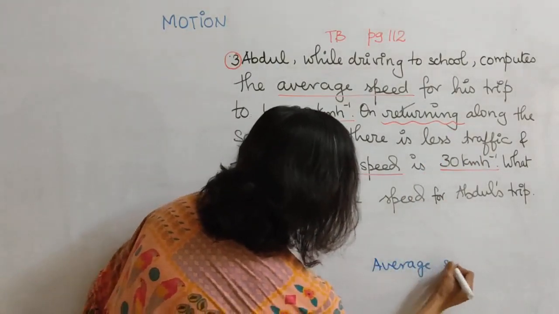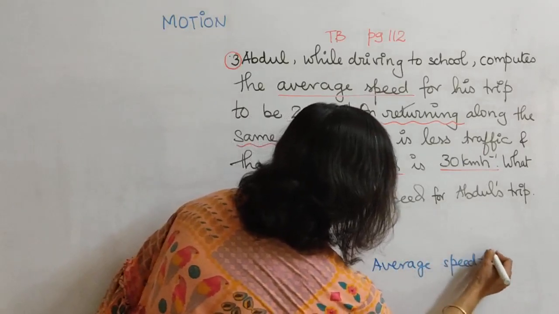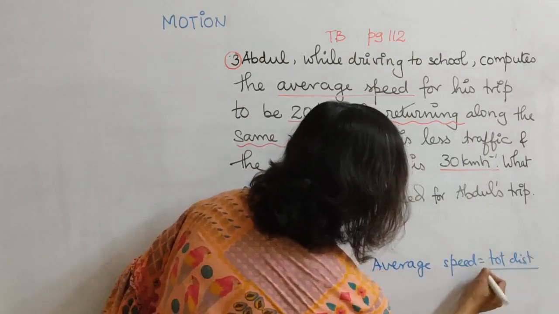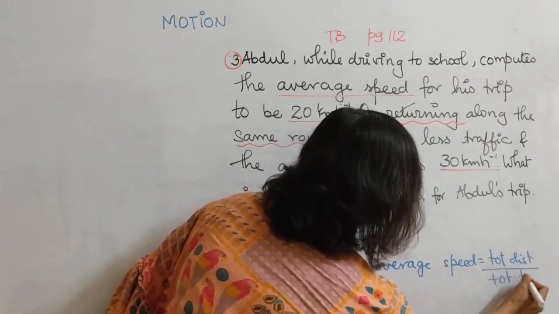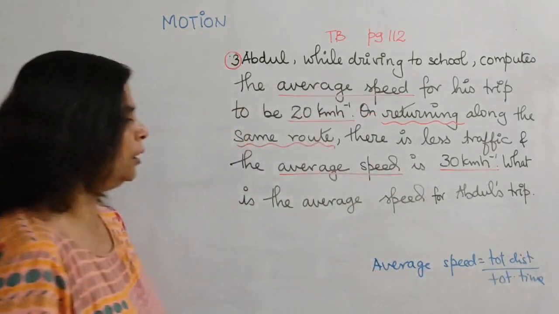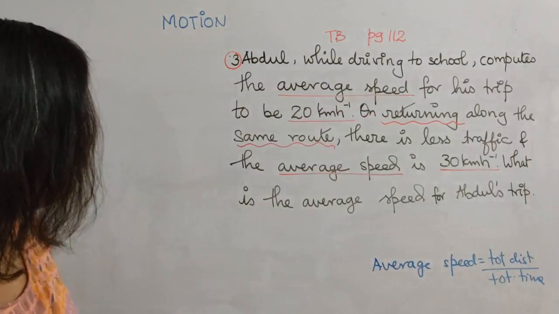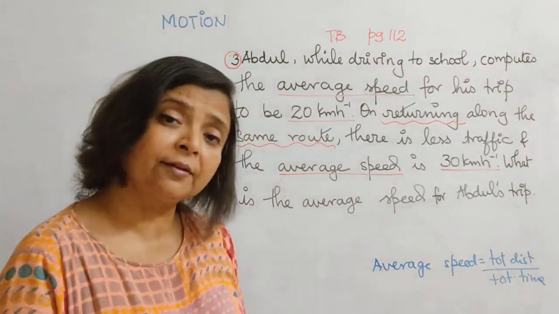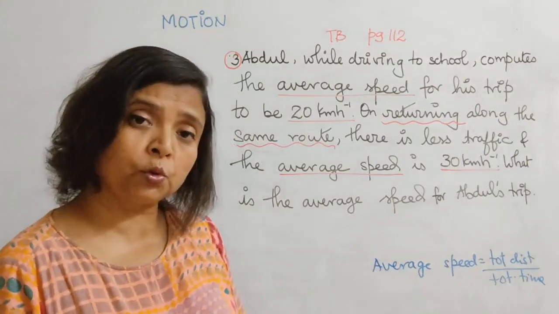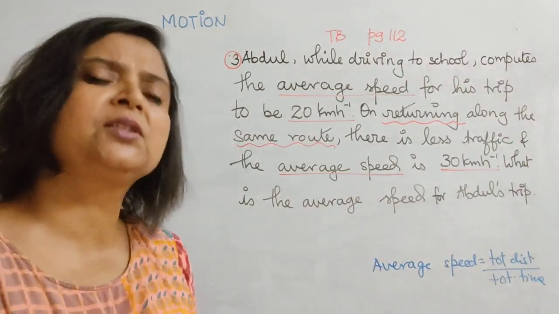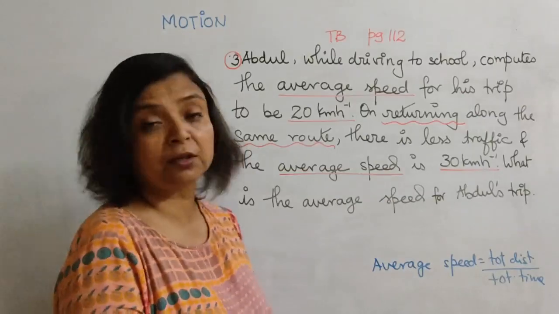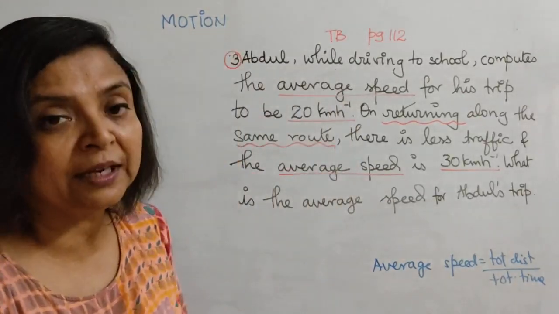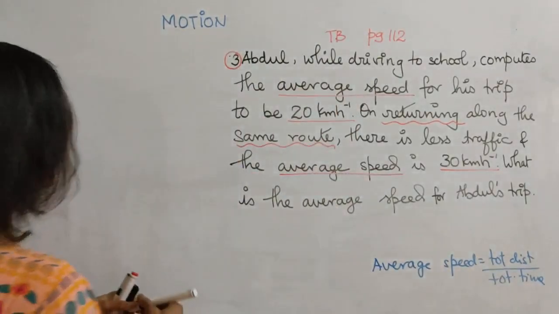Average speed is total distance upon total time, right? So time is not given, distance is not given, what to do? We will assume the distance. There is no option but to consider that, let the distance be x. So let us begin here.